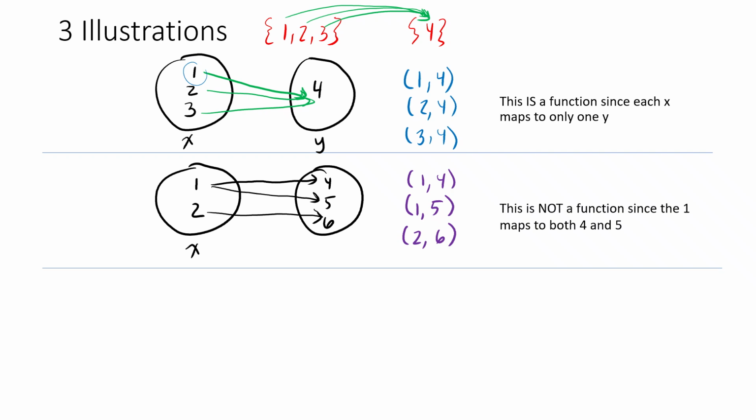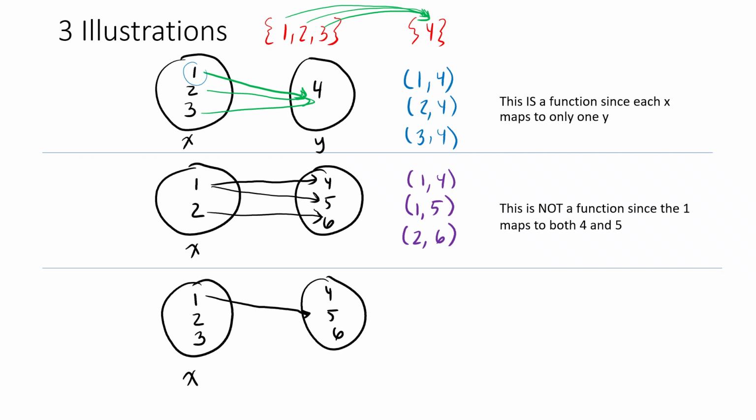One more example here. This one, we are going to set up as 1, 2, 3, and 4, 5, 6. And I am going to change this up from what I have in my notes a little bit, just because I want you to see the arrows crossing. All right.